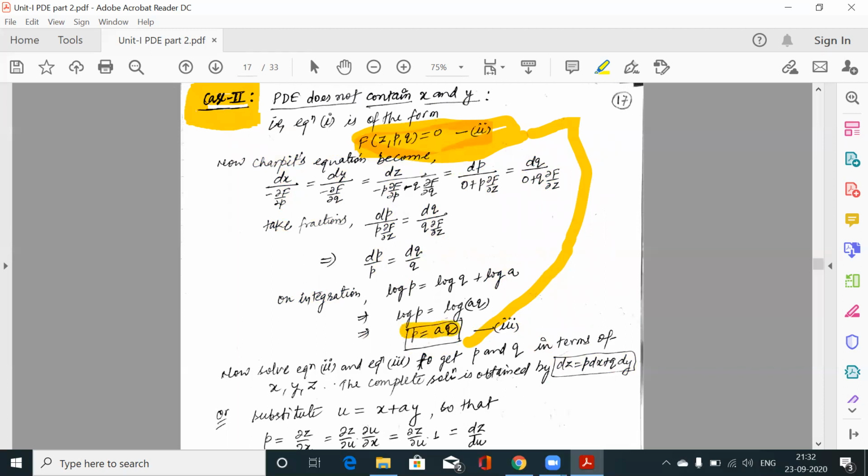Write this directly, and using this we substitute here the value of p, getting q, and after getting q, substitute that q value here to get p. Now we have got p and q, so substitute p and q in this equation to get our complete solution. So this is one possibility, so we can skip these steps.